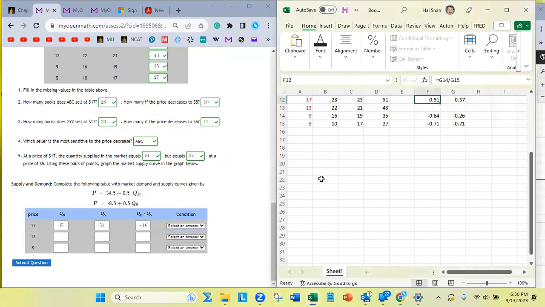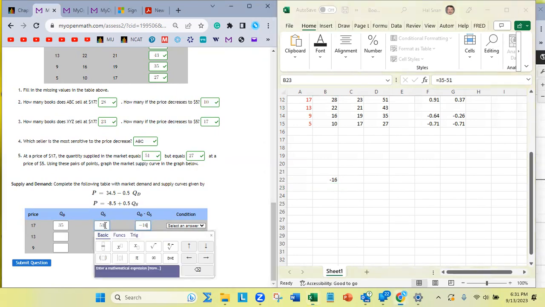Let's go over here and double check. 35 minus 51 is minus 16. So what consumers are purchasing is a lot lower than what firms are supplying. This is a situation where you have a huge excess inventory.